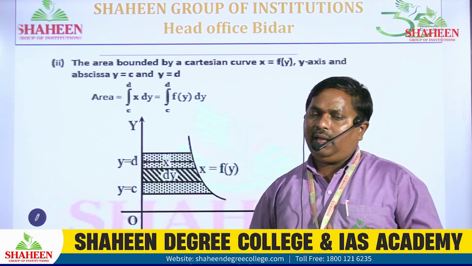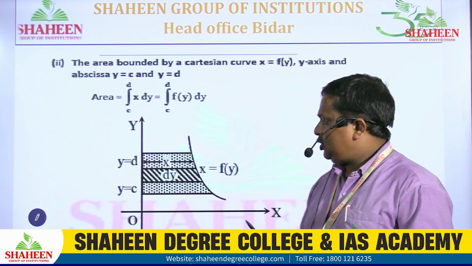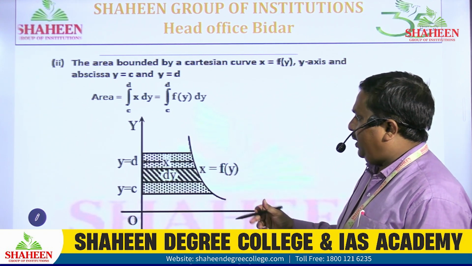We are finding the area from c to d. Understood? So this is the area that we are finding.